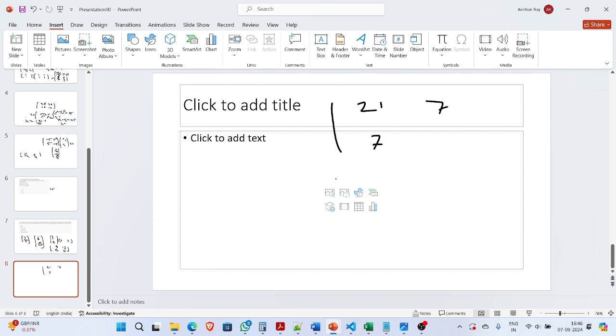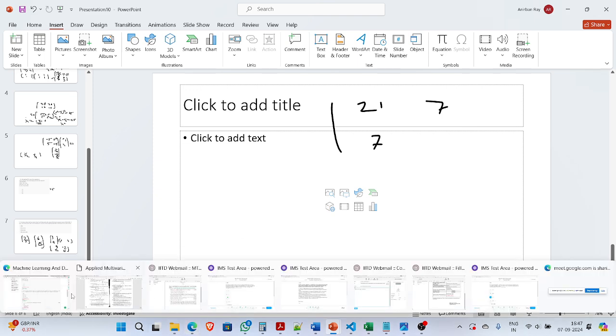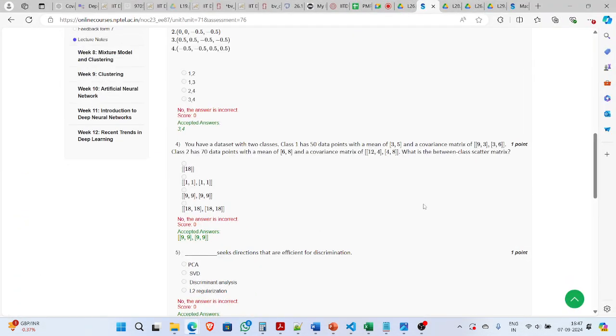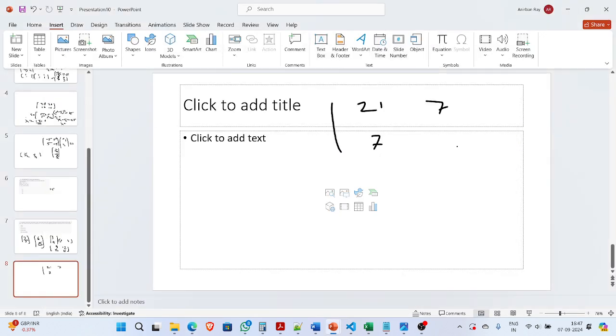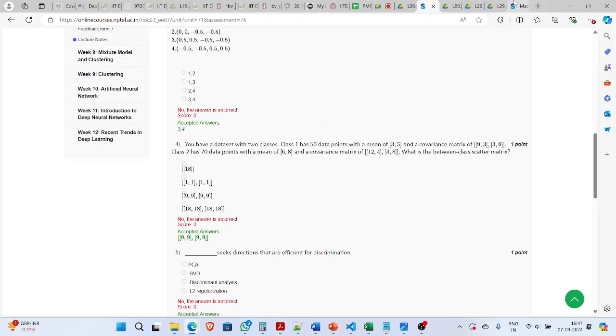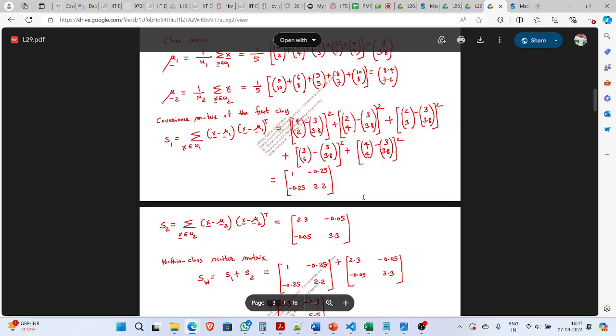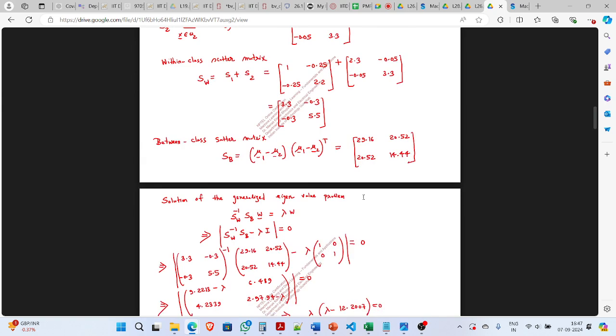It will be symmetric, so 7, and this one will be 8 and 6, so that is 14. Okay, so this is SW we have got.